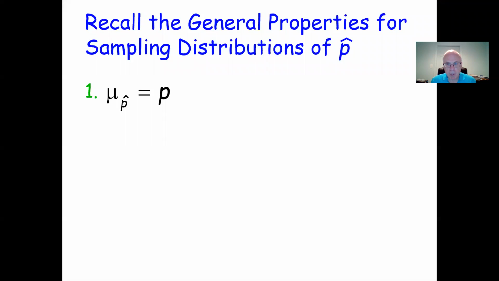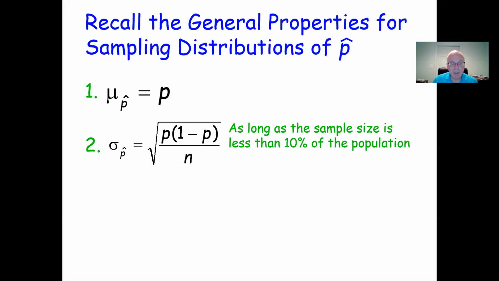As you probably remember from a past video, the mean of the sampling distribution of p hats is equal to the population proportion. The standard deviation of the sampling distribution of p hat, which we call the standard error for p hat, is the square root of p times 1 minus p divided by n, right?